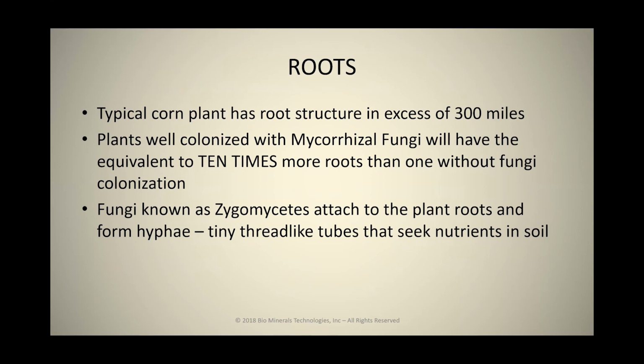Plant roots. Corn plant has over 300 miles of root system. When you colonize it with mycorrhizal fungi, you have 10 times the equivalent more roots. And the mycorrhizal fungi hyphae are minute compared to the root hairs. They're going to get into more places, more cracks and crevices to mine minerals and water than the plant roots will ever get.